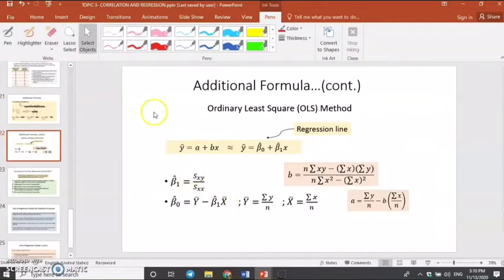Once you dah tahu dah your formula untuk cari ni, instead of using yang ini kita boleh gunakan yang ni. Okay, so kita gunakan formula ni lah untuk dapatkan kita punya beta 0 dengan beta 1. So make sure cari dulu beta 1 baru dapat cari beta 0. So beta 1 adalah SXY bagikan dengan SXX, you akan dapat jawapan.